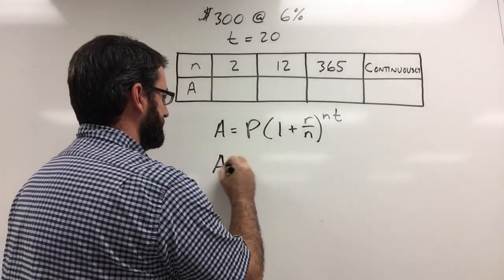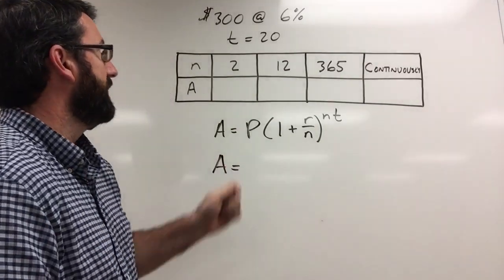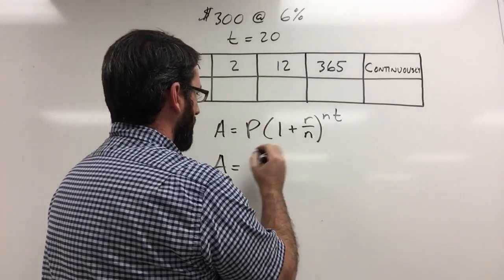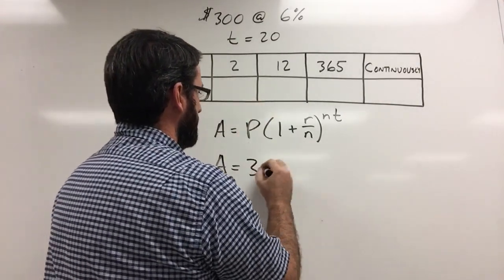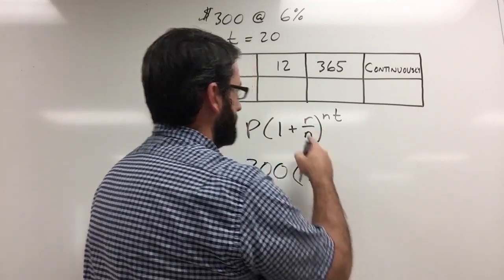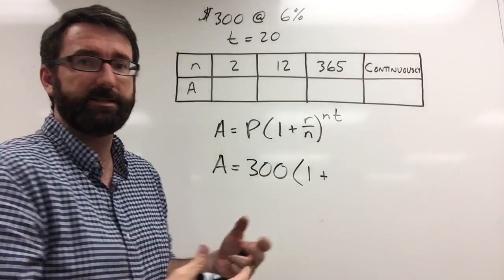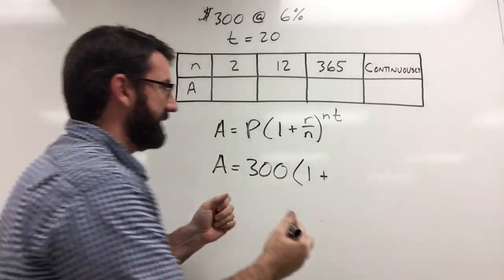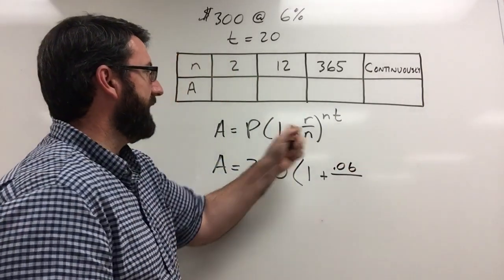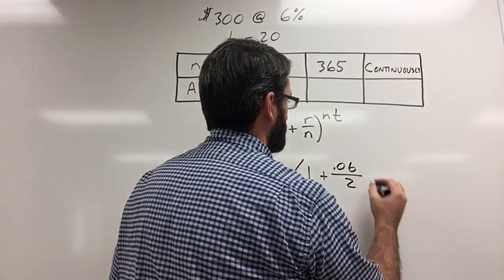So the amount in this account after 20 years, if we start with n equals 2, is going to be equal to our principal, $300, multiplied by 1 plus our interest rate as a decimal. It's 6%, as a decimal, that's 0.06, divided by n, which is 2.